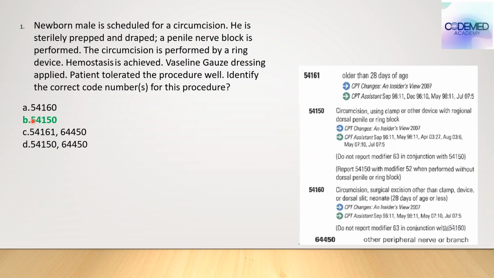Yes, B is the right answer, and we cannot take D because if you read the language of 54150, it includes the regional dorsal penile or a ring block. Since it includes it, there is no need to separately mention the block, because this is only for the peripheral nerve or branches anesthetization, and we don't have to code that separately. That's why B is the correct answer.